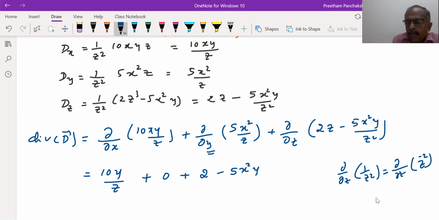This becomes z power minus 2. So differentiation is minus 2 z power minus 2 minus 1, which gives z power minus 3, that is 1 by z cube. So here we have minus 2 divided by z cube.